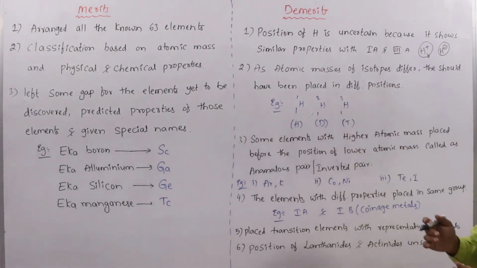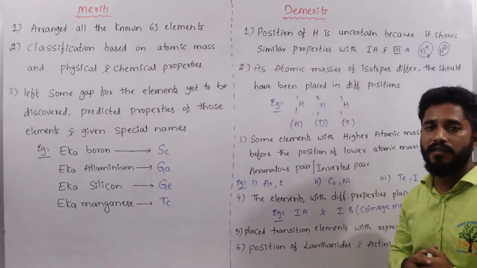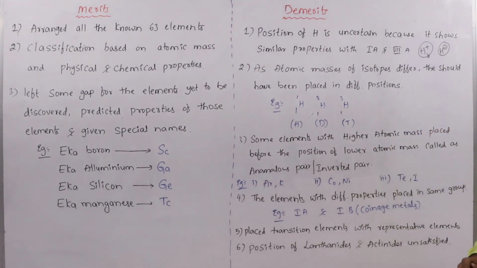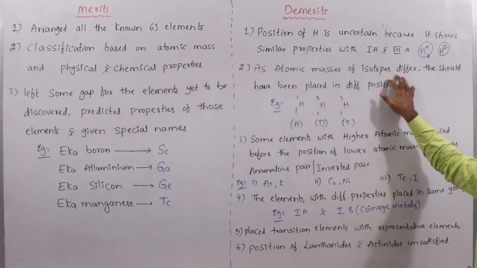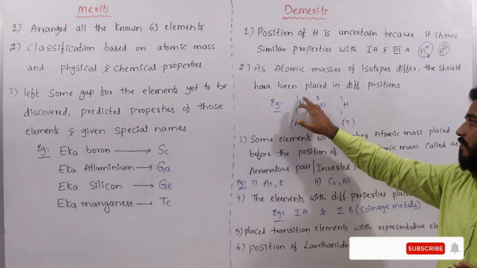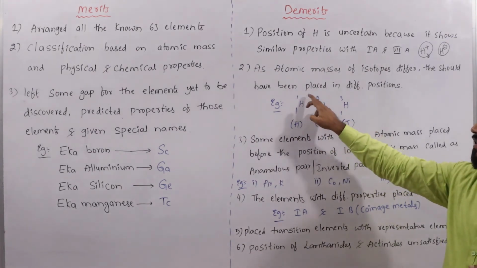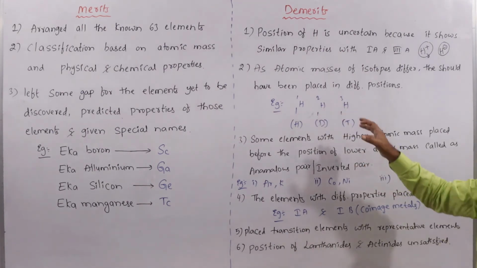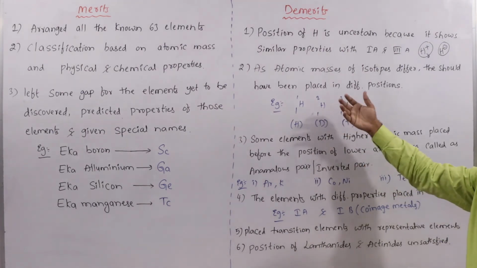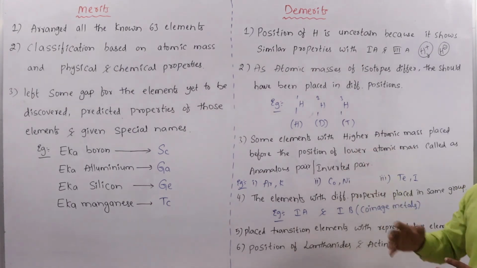Then, as atomic mass is the major basis of Mendeleev's periodic table, positions should be given to isotopes. For example, hydrogen 1H1, deuterium and tritium have mass numbers 1, 2 and 3. Since these isotopes have different atomic masses, they should be placed at different positions in the periodic table, but that did not happen.